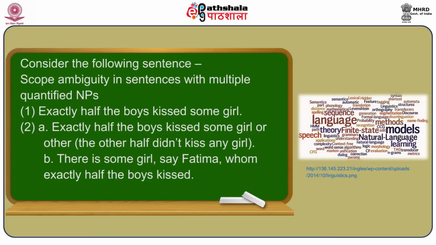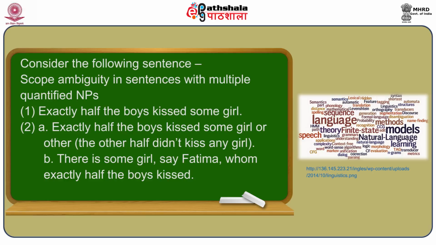Now, examples of this type involve what is called scope ambiguity. This sentence is ambiguous even though the ambiguity is neither the result of lexical ambiguity nor the result of surface syntactic ambiguity.